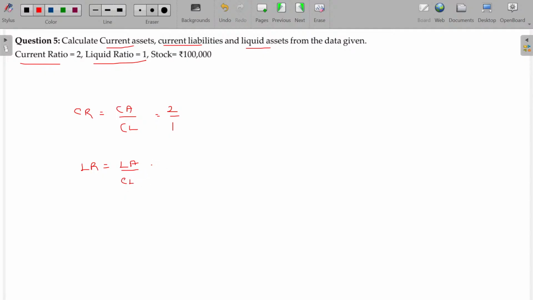If bank overdraft is silent, it is 1 by 1. Okay. We have been given the stock. If the current ratio and working capital is given, then the earlier model is applicable. But if the current ratio, liquid ratio, and stock are given, if the denominator is the same between the current ratio as well as liquid ratio, then automatically the difference between these two will be the stock.